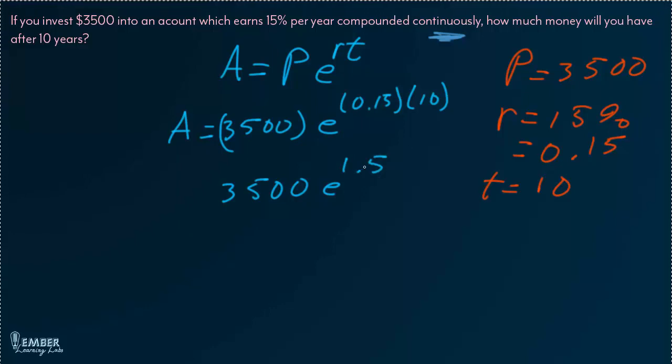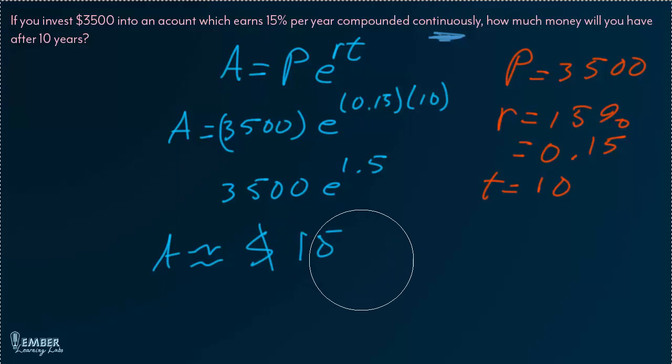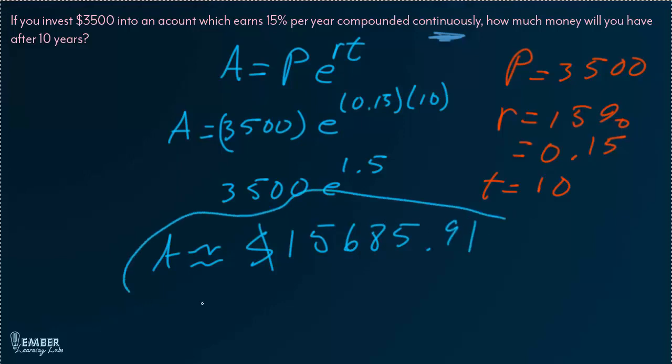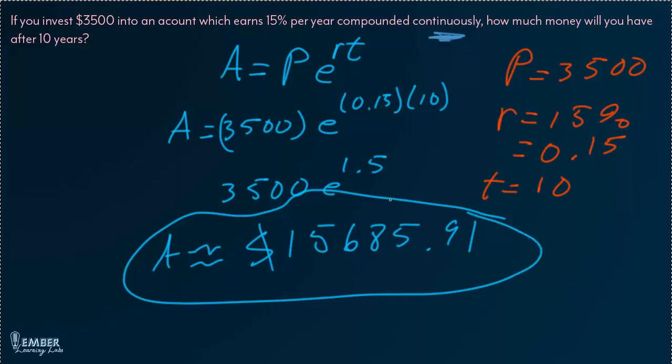Then when you stick that into your calculator, you end up with A is approximately equal to $15,685.91. Quite a bit of money in 10 years for just sticking something in there and waiting.